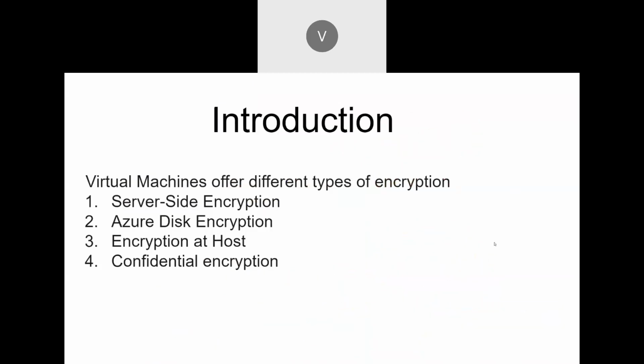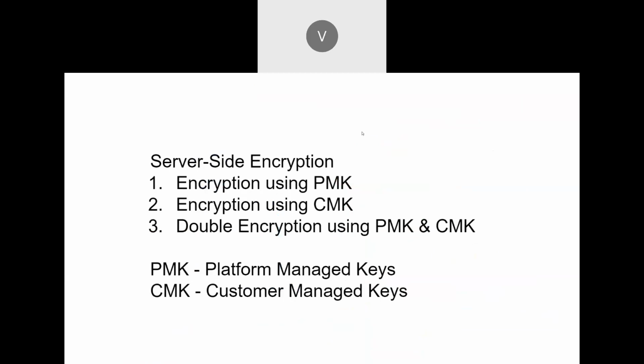There are types of server-side encryption: one is PMK and one is CMK. PMK means platform managed keys, where the encryption keys used to encrypt the data are kept with Azure.